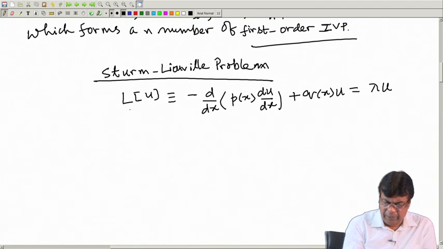We call this operator L u. So, this can be expressed as L u equal to lambda u.